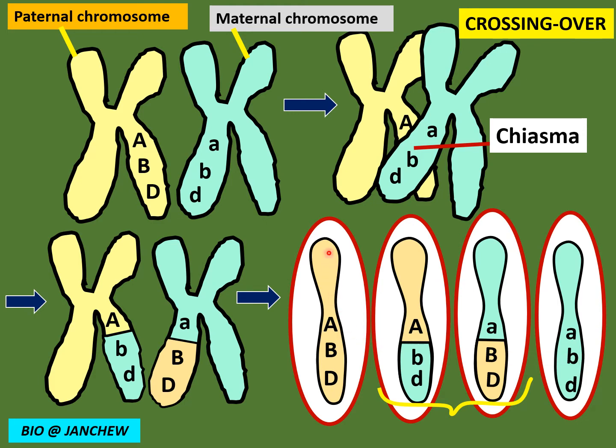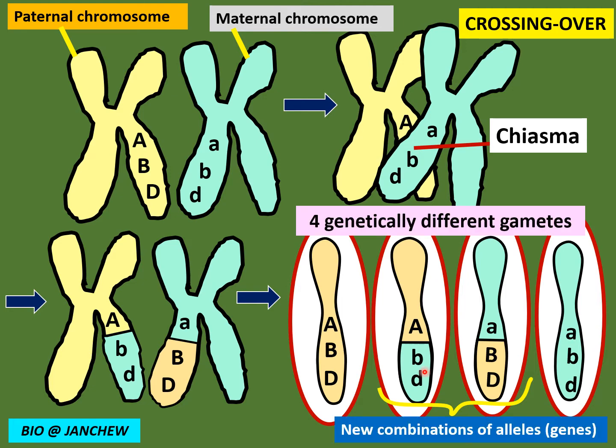So the first gamete will have the original versions of the genes from the father of this man, and that is all the dominant alleles. And these are all the dominant alleles. But the second one, this one, it has new combination of genes, right?